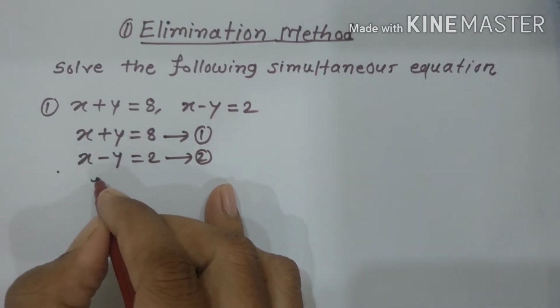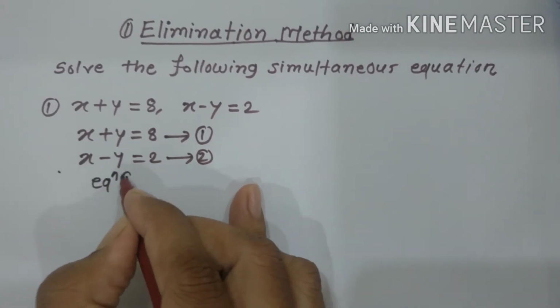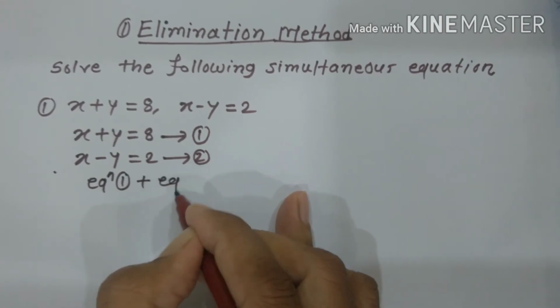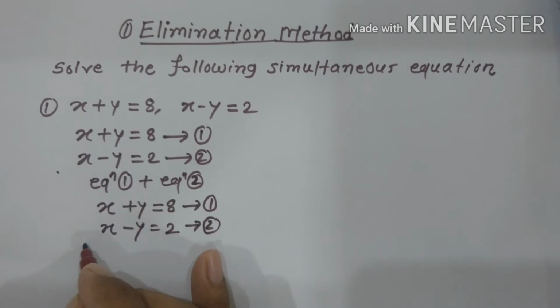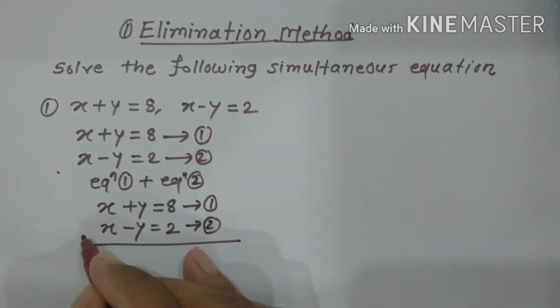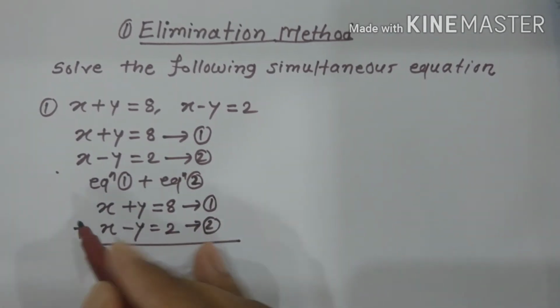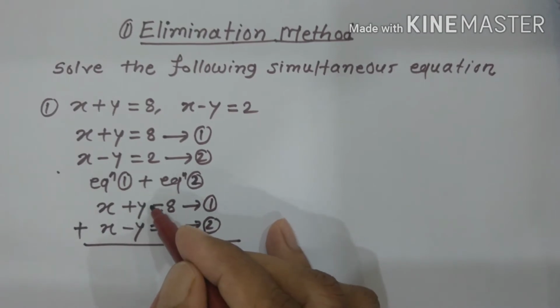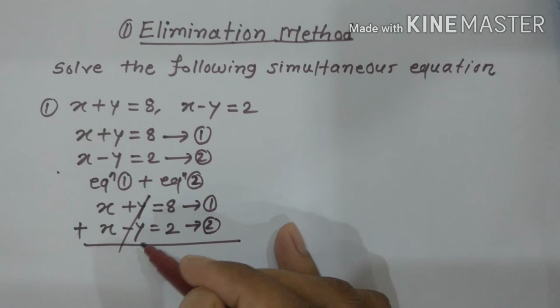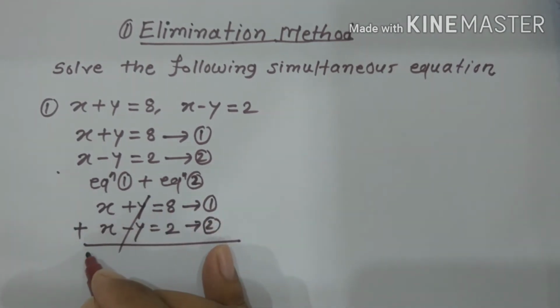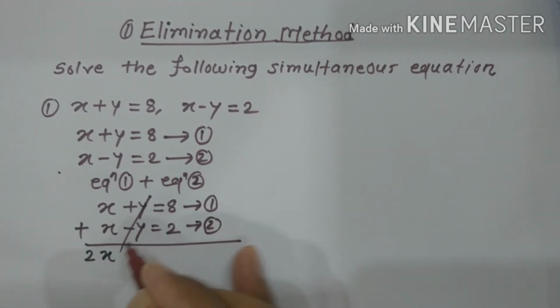Therefore we add equation 1 and equation 2. After adding equation 1 and 2, variable y is cancelled. Therefore x plus x equals 2x.